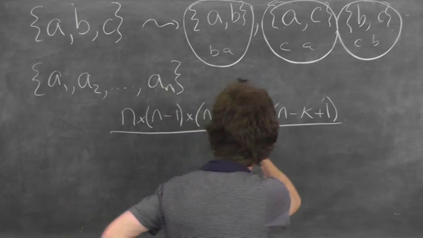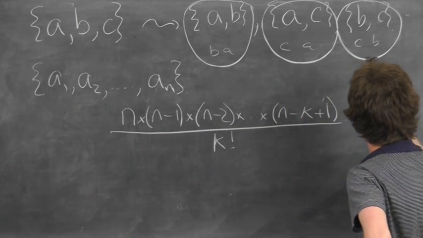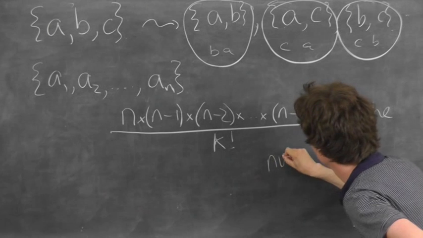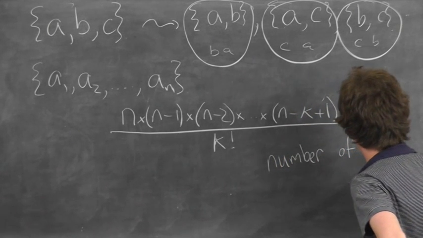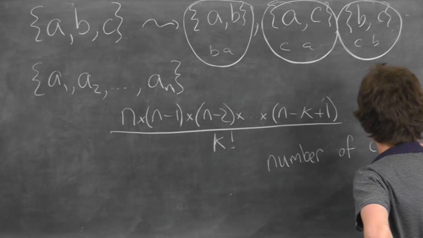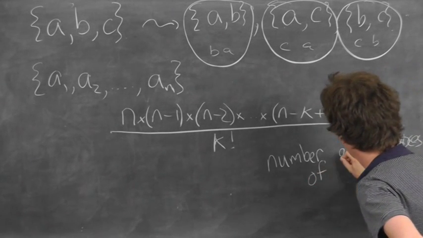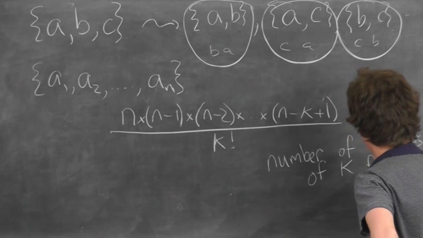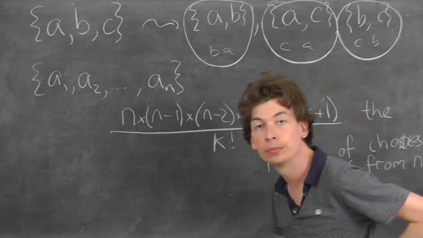So this is the number of choices of k elements from a set with n elements.